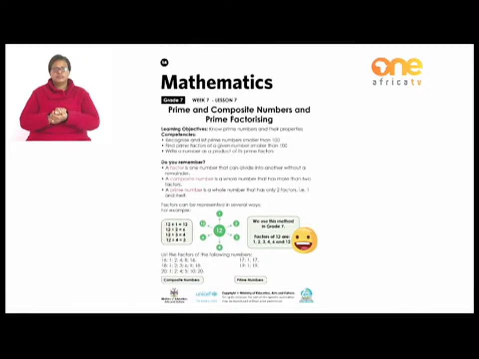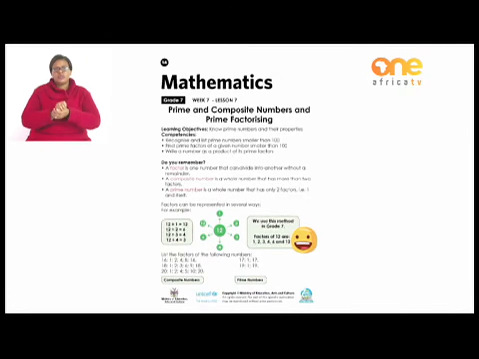Learning objective: know prime numbers and their properties, the competencies to recognize and list prime numbers smaller than 100, find prime factors of a given number smaller than 100, give a number as a product of its prime factors.